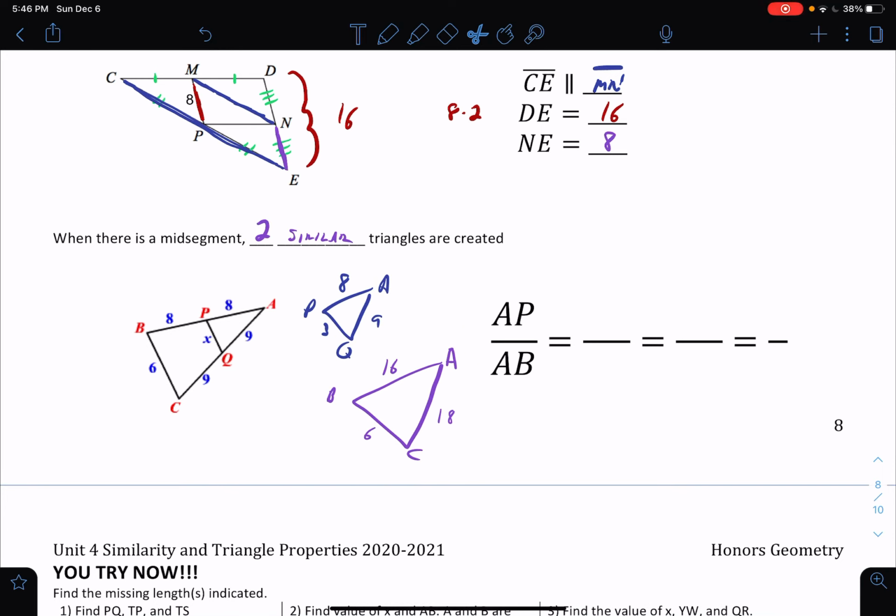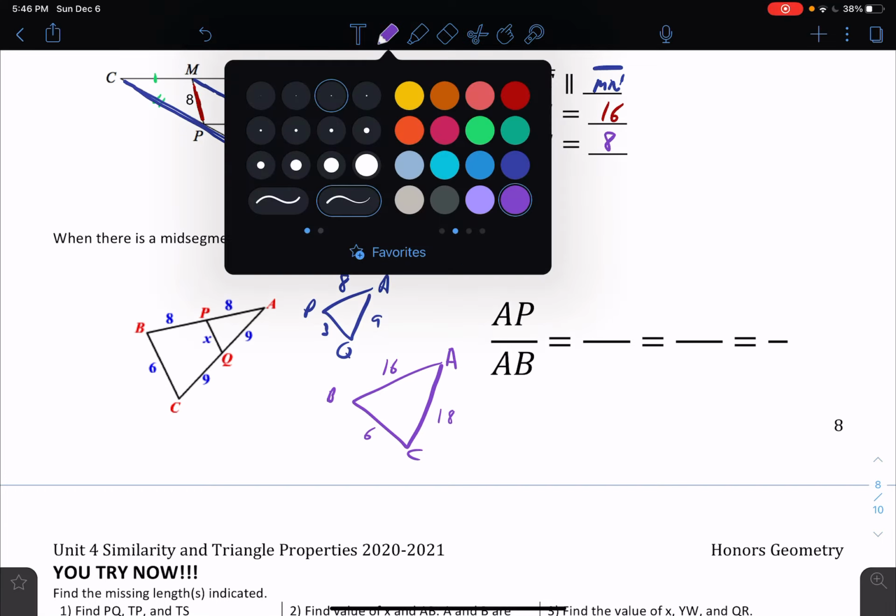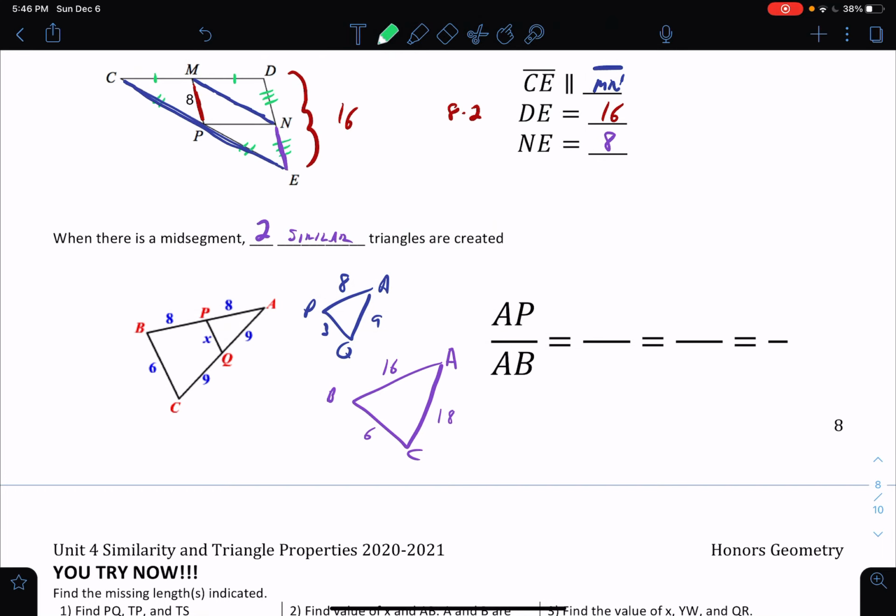So AP matches up with AB, just like AQ matches up with AC, just like PQ, the midsegment, matches up with the third side BC. And in each of those cases, those ratios are going to simplify to give me 1/2. Small triangle over the big triangle is going to equal 1/2.